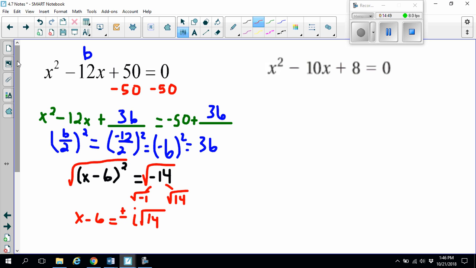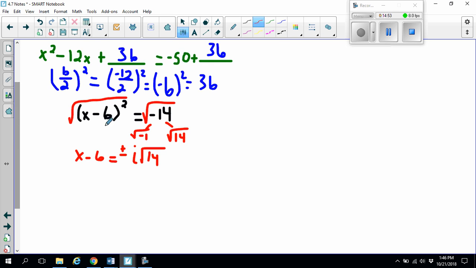Okay, I'm going to scroll down to make sure you have this stuff written. There we go. Our last step is we need to move the 6 to the other side. To do that, we're going to add 6 to both sides. Now, because we have an i, remember, we need to write our final answer in standard form.